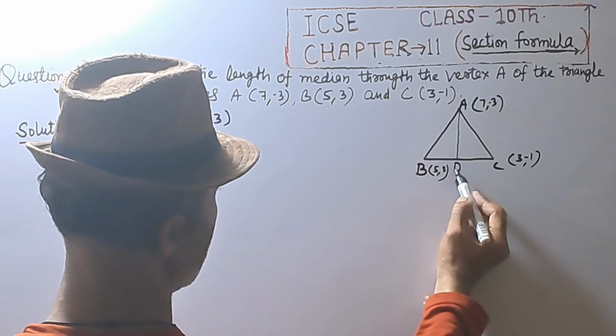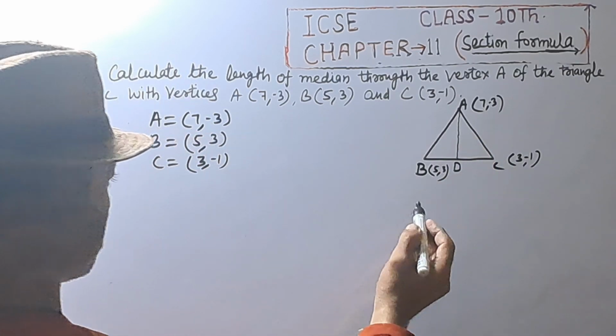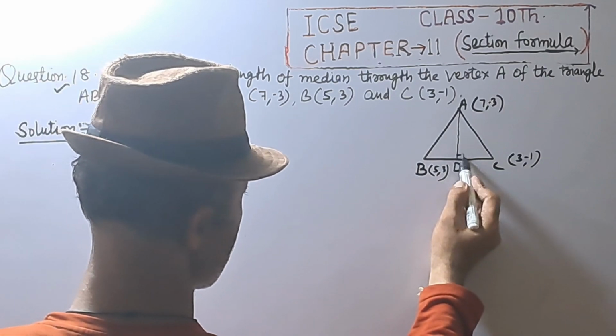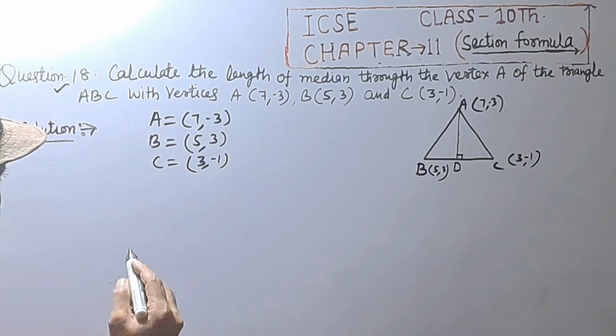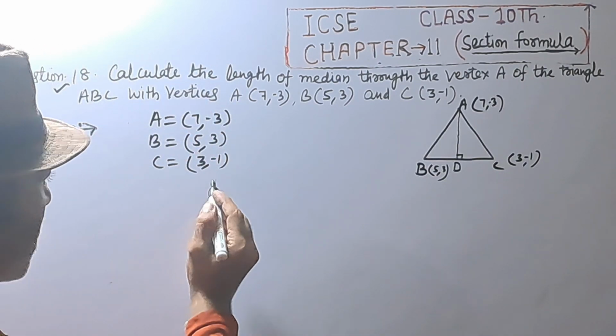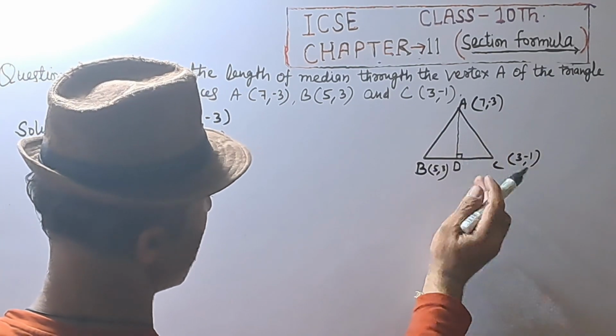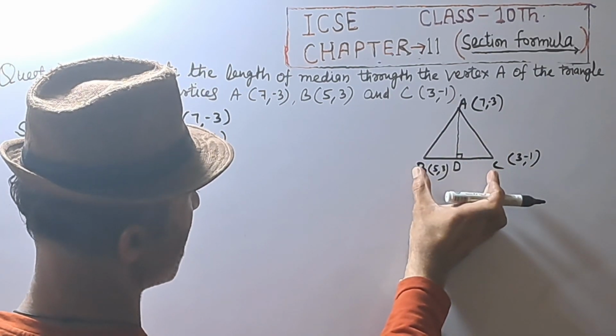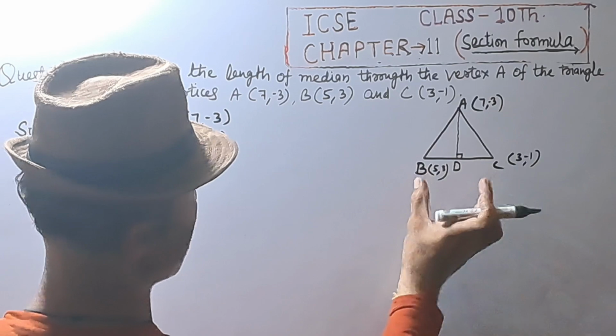That is point D. AD is the median of BC.